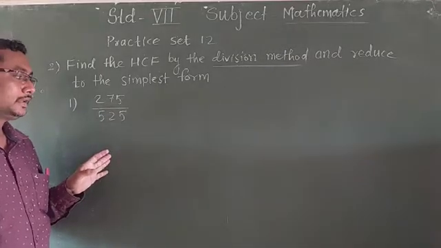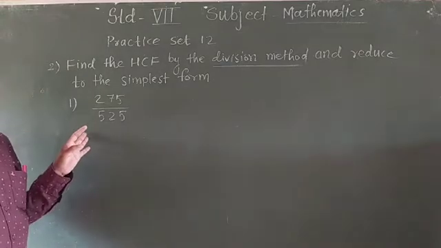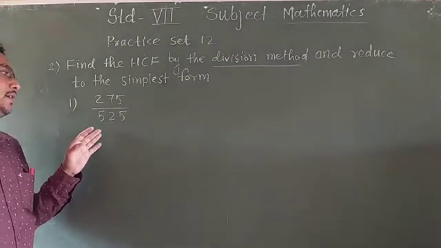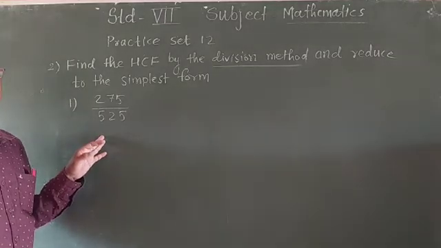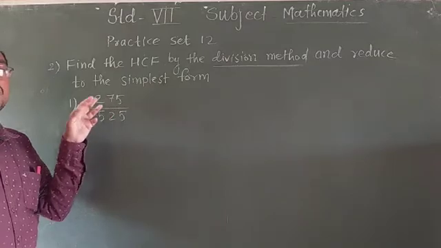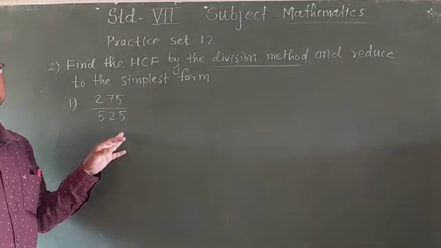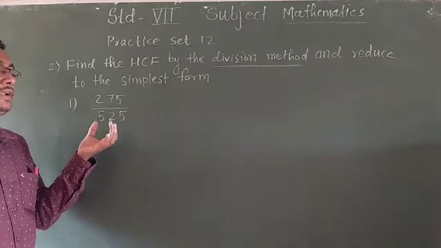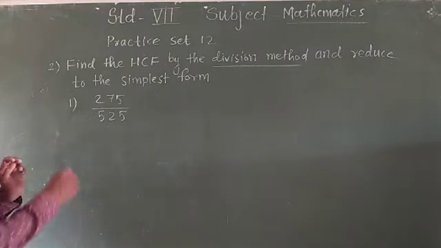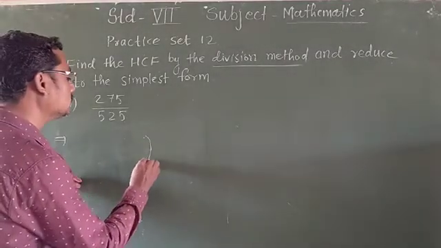In the first example, 275 by 525 is given. So 275 is the smaller number and 525 is the bigger number. First step: divide the bigger number by the smaller number.